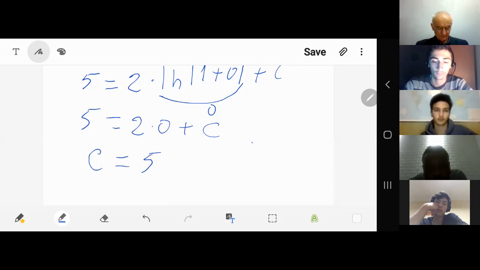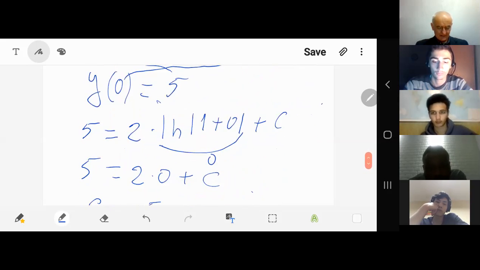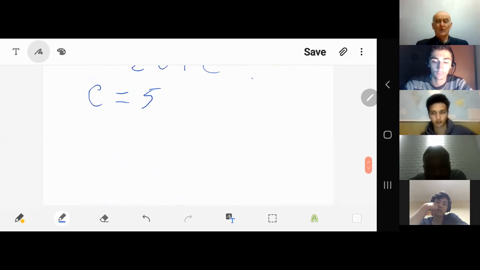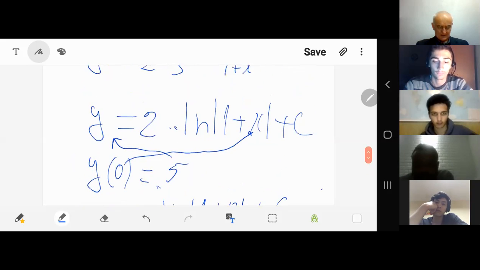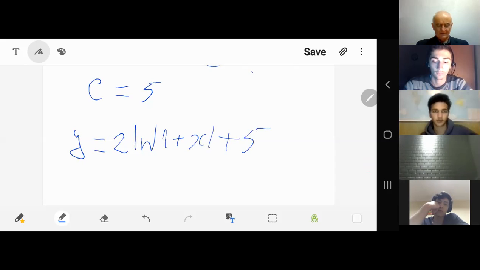So now I can write down finally that our particular solution, particular function, is y equals 2 times ln(1 plus x) plus 5.